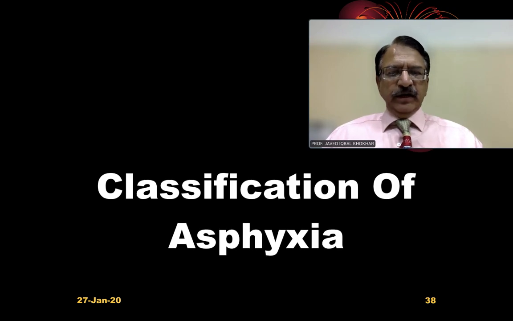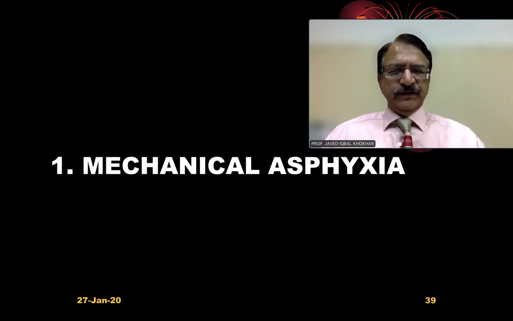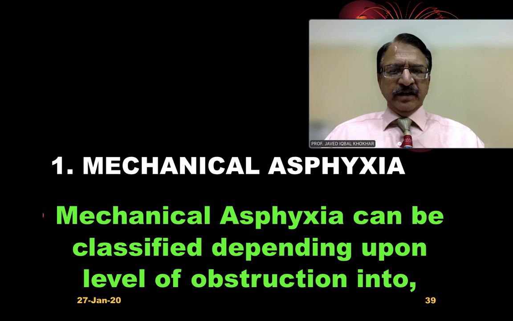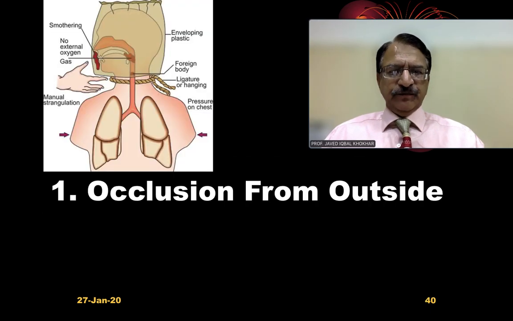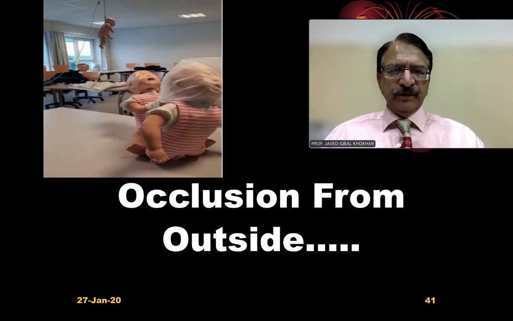Now again we'll go through the classification because now we'll be discussing the specific asphyxial deaths. Forensic medicine is mainly concerned with mechanical asphyxia, that is, mechanical interference with the process of respiration. And it is either occlusion from outside or occlusion from inside.